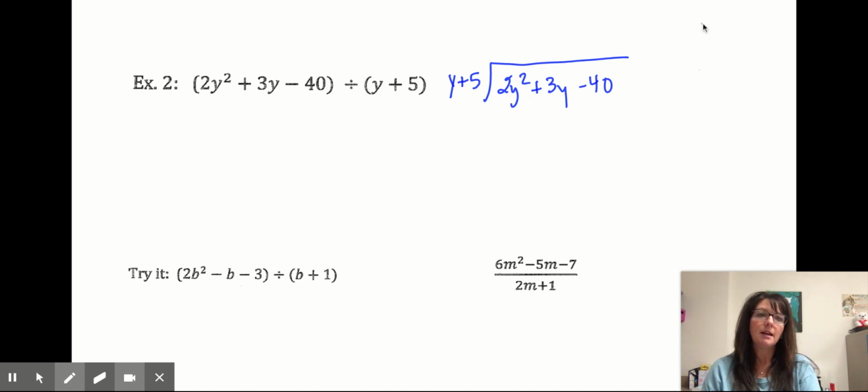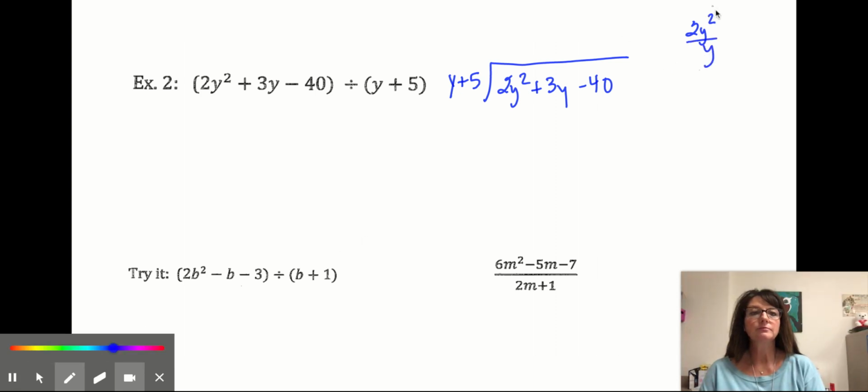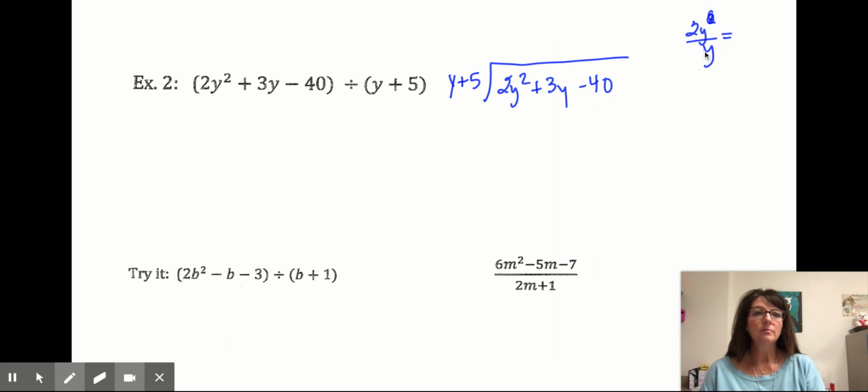So off to the side, I'll write it as 2y squared divided by y. When we do that, one of these will cancel one of the y's, and I'm left with 2y, and I need to put that above my trinomial, above the like term. So a positive 2y goes above the 3y.